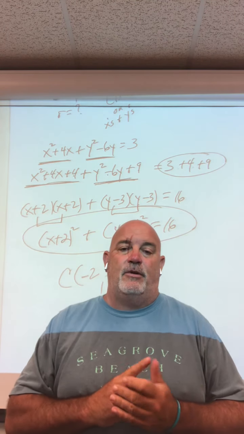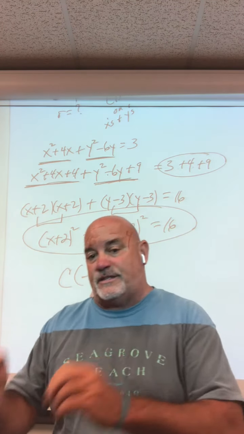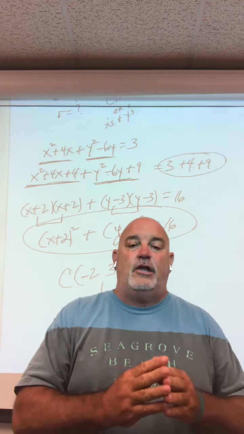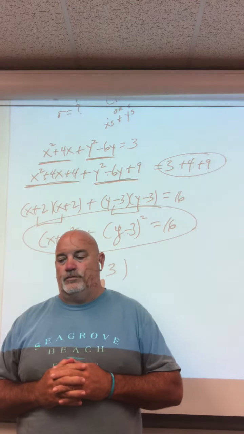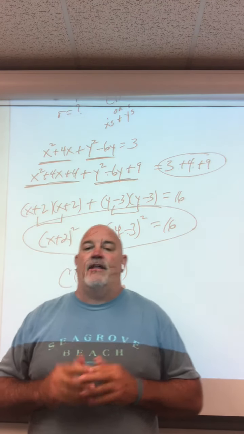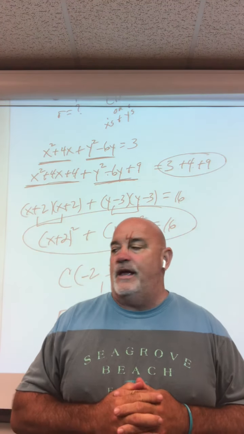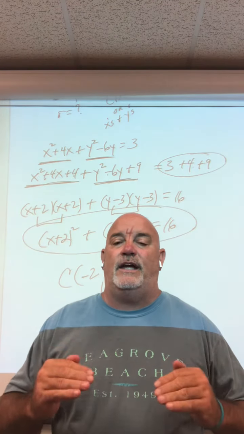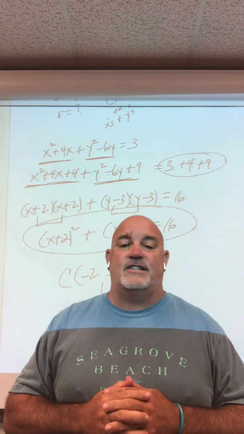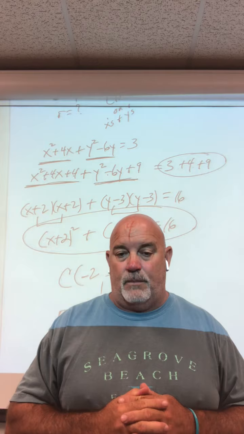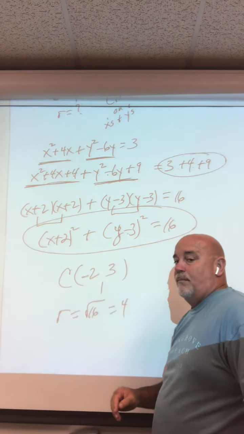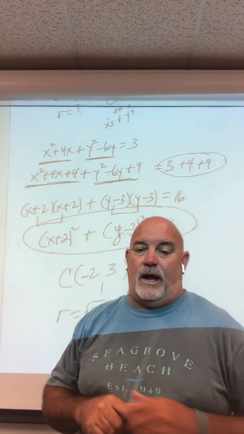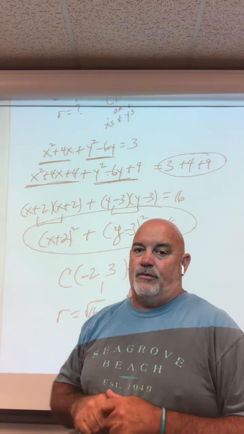Second thing you need to be able to do is if I give you the center and the radius, you need to be able to write out the equation of the circle. And then the last thing you need to be able to do is if I give you the equation of a circle that's not in center radius form, you need to be able to put it in center radius form by completing the square in order to get the center and radius.